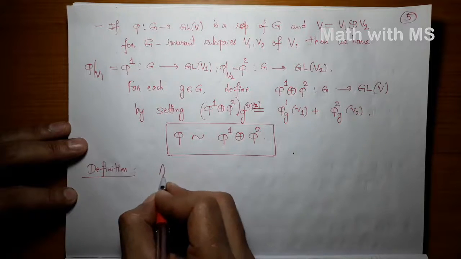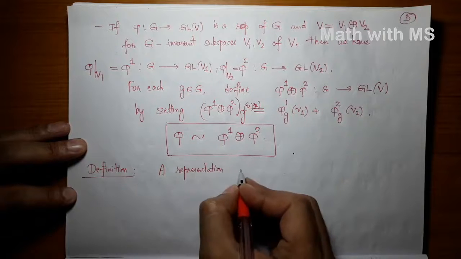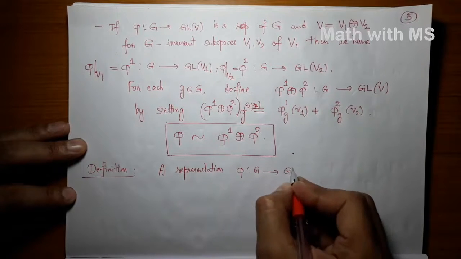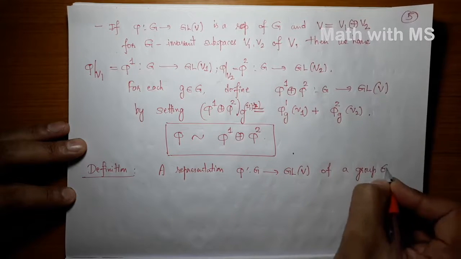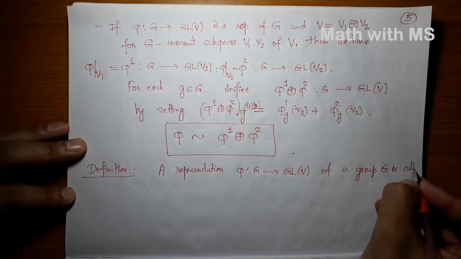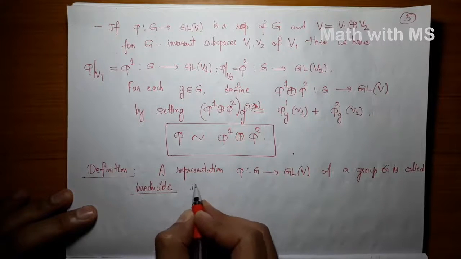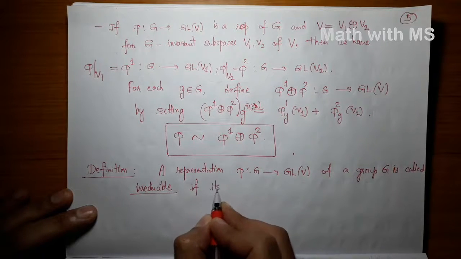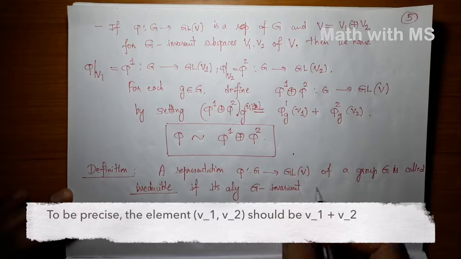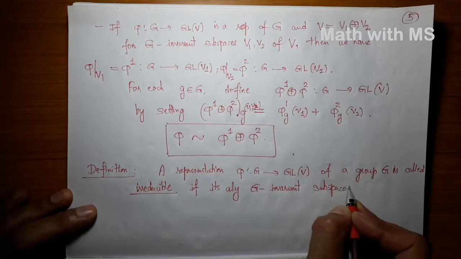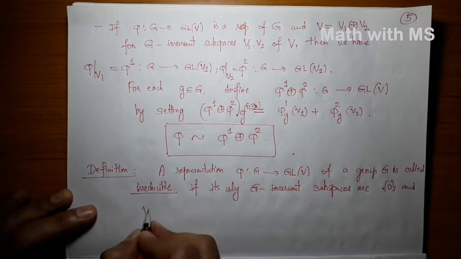A representation phi from G to GLV of a group G is called irreducible if its only G invariant subspaces are the trivial subspace and the whole of V.